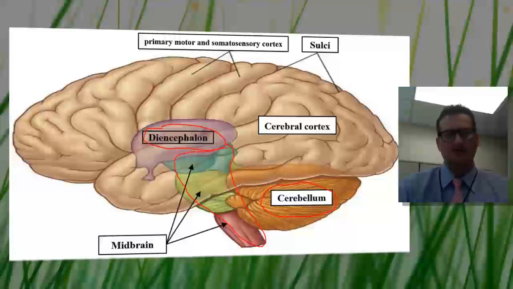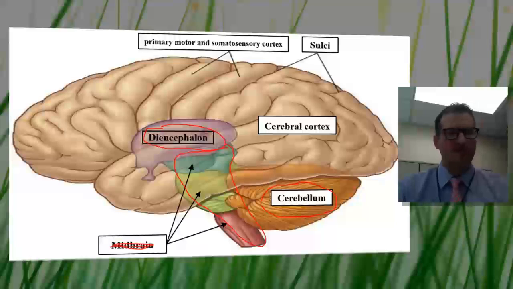There's 3 parts to the brainstem. You have the midbrain, the pons, and the medulla. And this should say, instead of midbrain, it should say brainstem here. That's a typo.